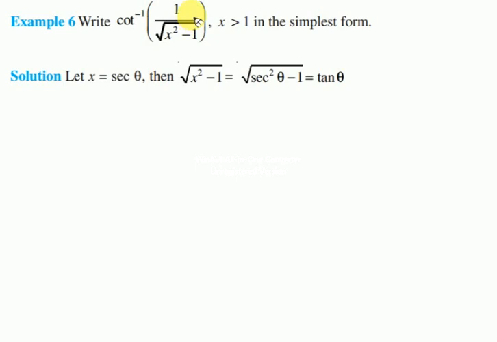So here, cot inverse of 1 divided by square root of x square minus 1. We know the formula: secant square theta minus 1, that is 1 plus tan square theta is equal to secant square theta, meaning tan square theta will be secant square theta minus 1. Therefore, by substituting that, we get cot inverse of 1 divided by tan theta.